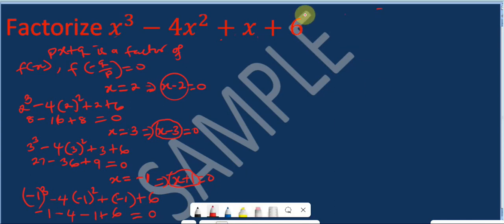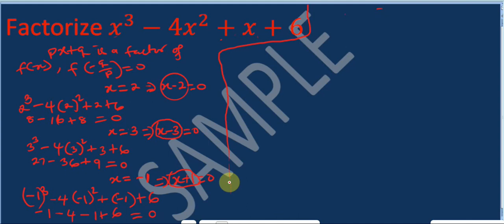Then the second method, I'm going to use the method of long division. So using long division here, what I normally do is find the first factor.